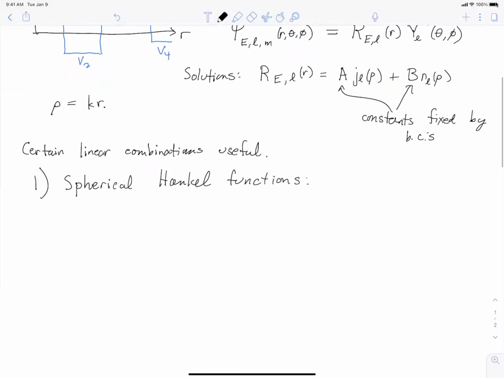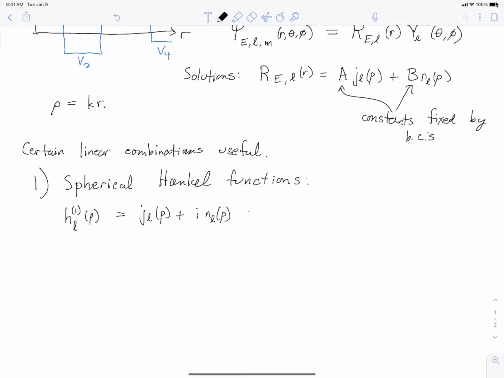The first one is traditionally called little h with a superscript 1. That means it's the type 1 spherical Hankel function. And it's got a subscript L, so it's different for each value of the angular momentum. And as a function of rho, it's just JL plus I times NL.